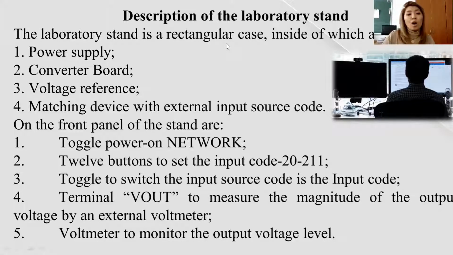On the front panel of the stand are a toggle for power of network, 12 buttons to set the input code, a toggle to switch the input source code to the input code, a terminal Vout to measure the magnitude of the output voltage by external voltmeter, and a voltmeter to monitor the output voltage level.